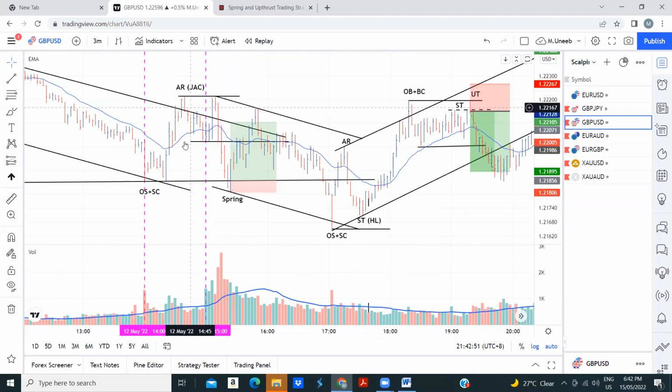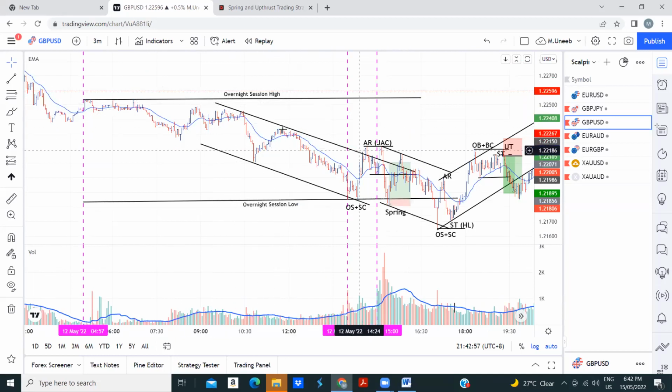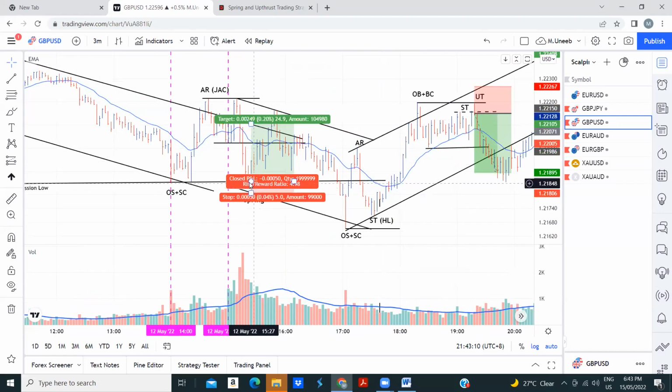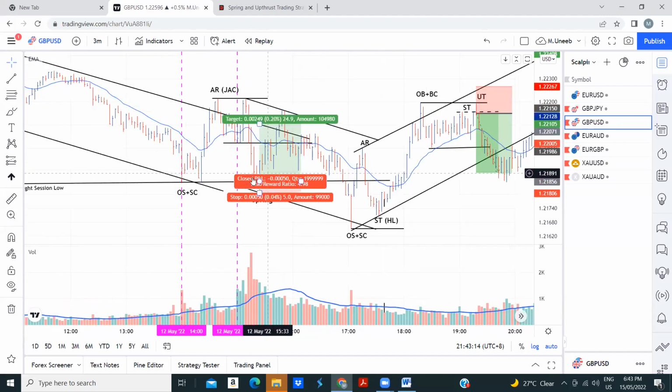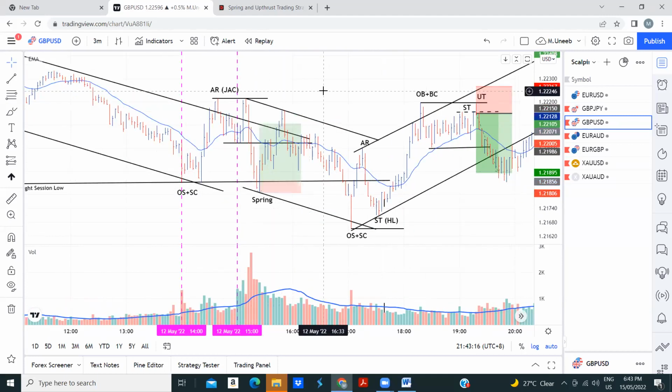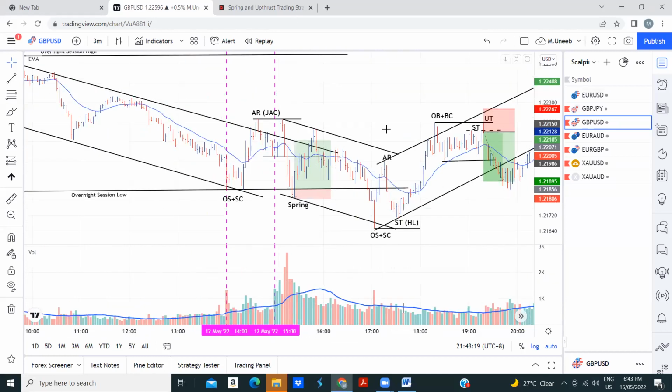So at the London Open right over here, we can go short, because during the London session open we were between the overnight session high and low, so the bias is bearish. But once we hit our target and reached our overnight session low, the bias became bullish. Understand? Okay. So this is how you can trade multiple times.